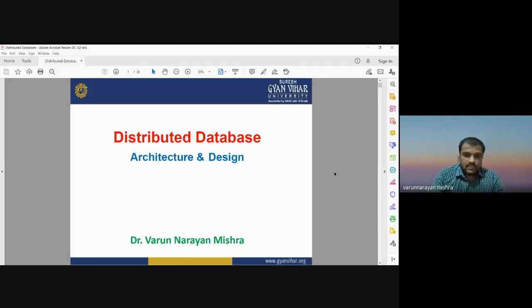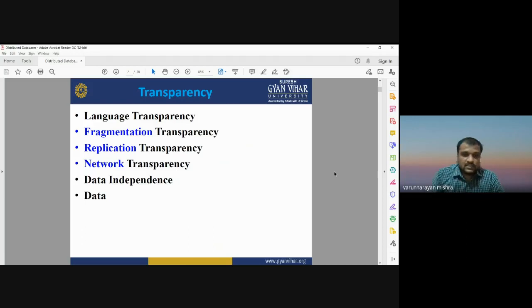So before starting, these are the important characteristics of distributed database management system. Transparency is one of the important features of a distributed database management system. And as we have already discussed in the last class, transparency may be of different types. It may be based on language, fragmentation transparency, replication transparency, network transparency, or data independence.